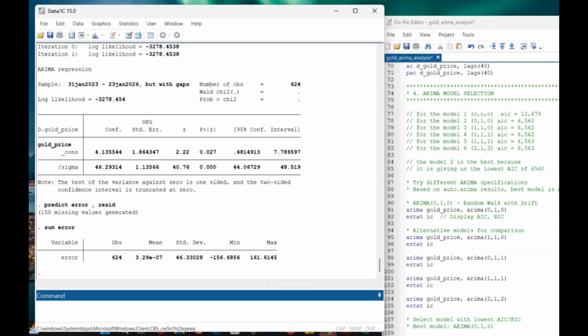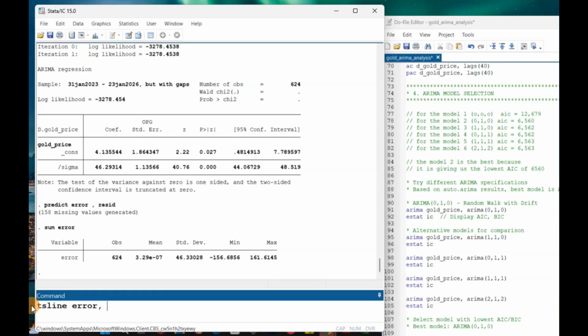Let me help you to understand what we are doing. Our null hypothesis is saying the residuals are white noise. If the p-value is greater than 5%, we fail to reject our null.